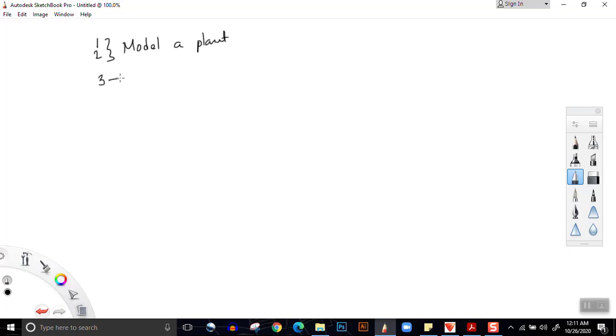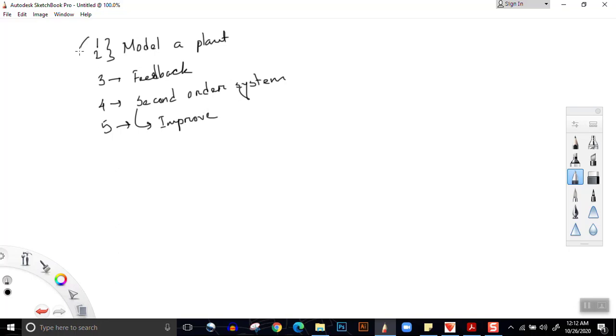In experiment 3, we observed feedback. In experiment 4, we observed a second order system. In experiment 5, we observed how we can improve the second order system using velocity feedback.